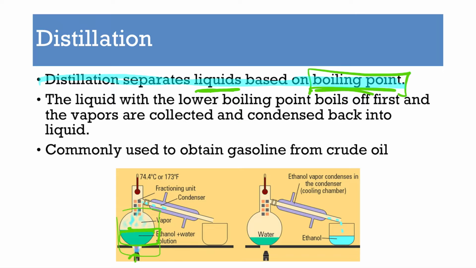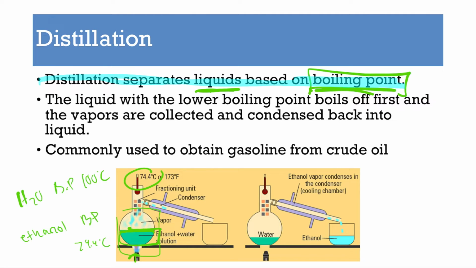Now, ethanol has a lower boiling point. Water boils at 100 degrees Celsius. Ethanol, which is the alcohol we're talking about, has a boiling point of, it says it right here, 74.4 degrees Celsius, so much lower than that of the water.